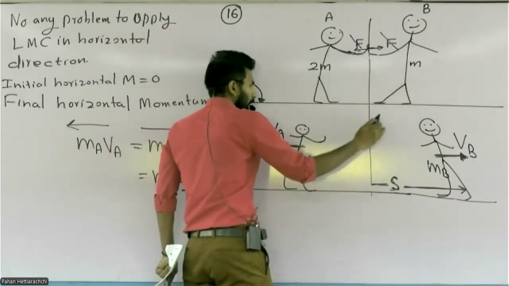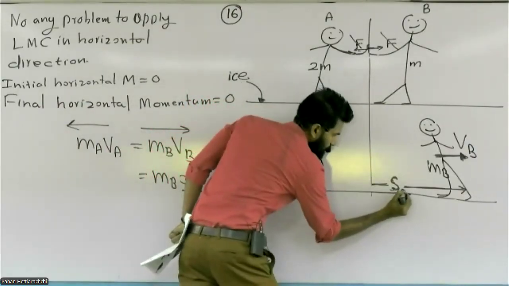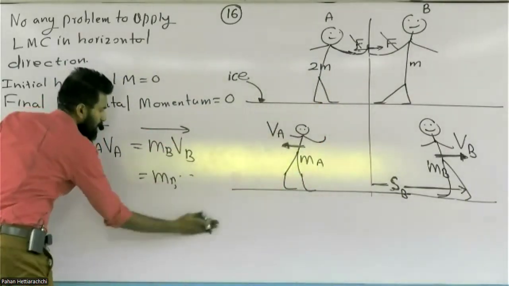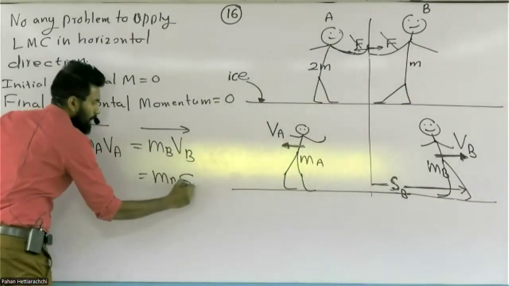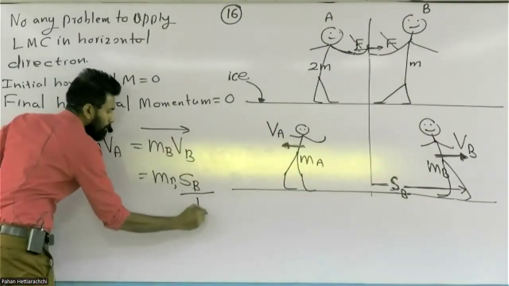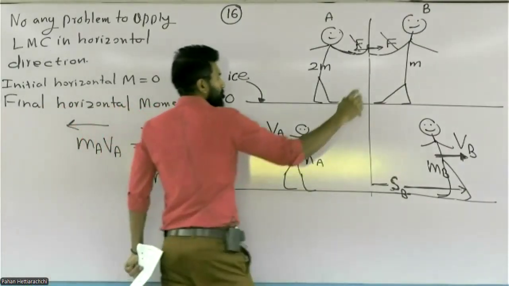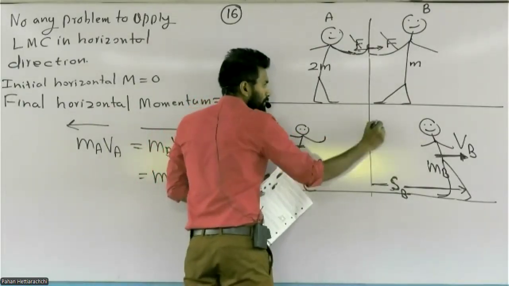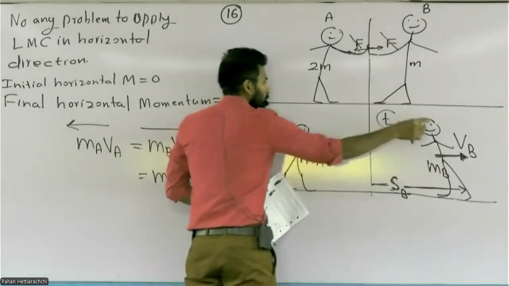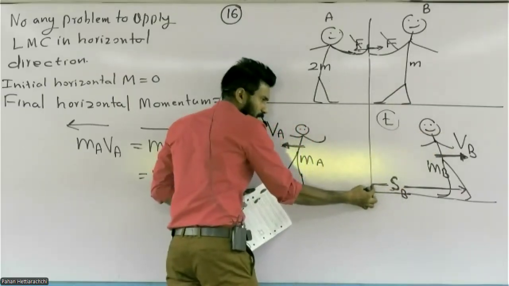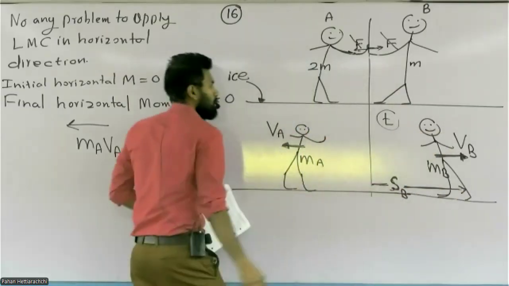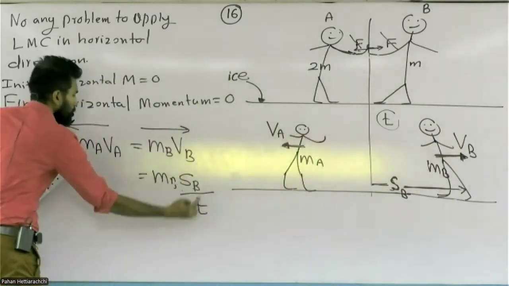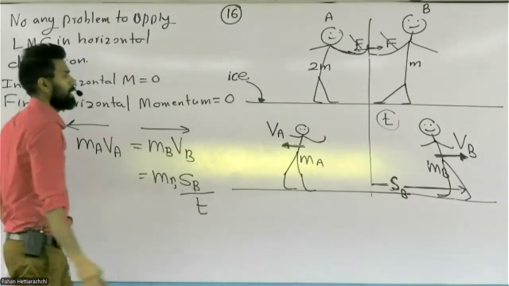Child B has moved distance SB in this direction. So what is his velocity VB? The distance traveled SB over time t. After the separation, after a time t, child B has moved the distance SB in this direction. The method to explain his velocity VB is distance over time, SB over t.